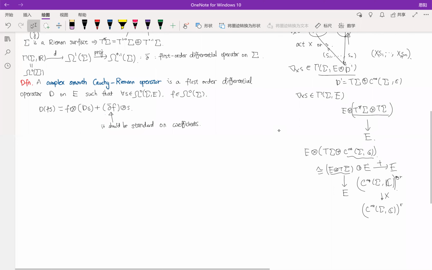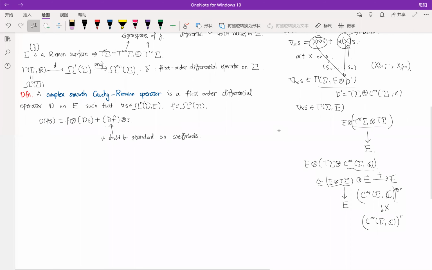But even if it is standard on the coefficient part, it is not necessarily unique. In fact, there are many of them, and we can construct them again via connection. Let us abbreviate it as CR operator.